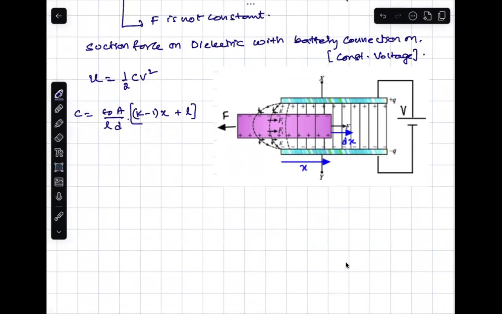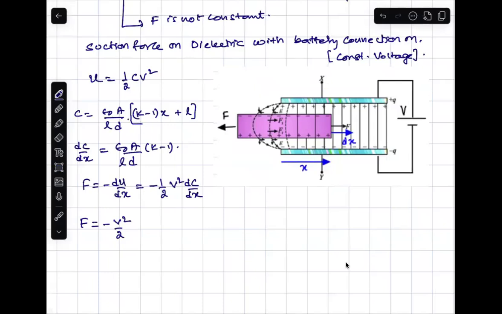Now, what is dC by dx here? What is F, which is nothing but minus half V square dC by dx, which is nothing but V square by 2 times epsilon naught A by LD times K minus 1.